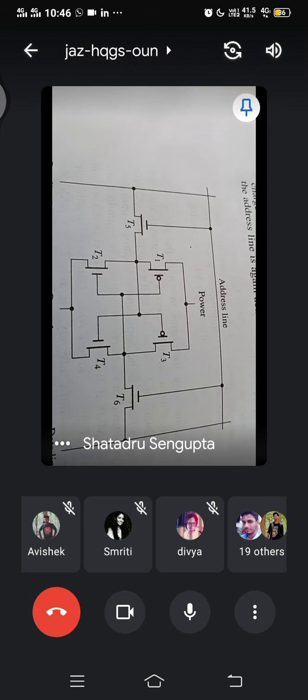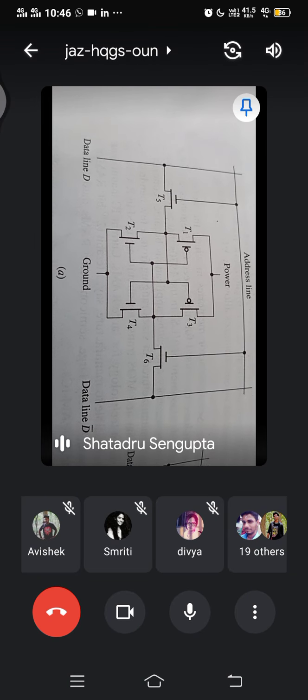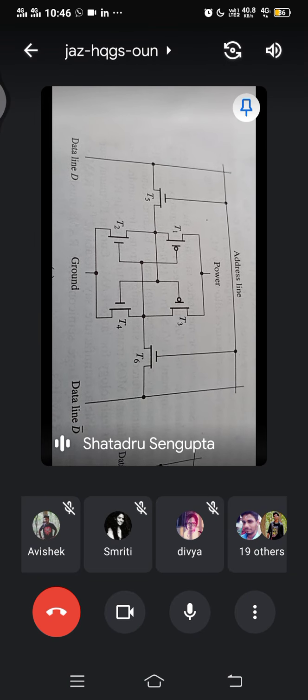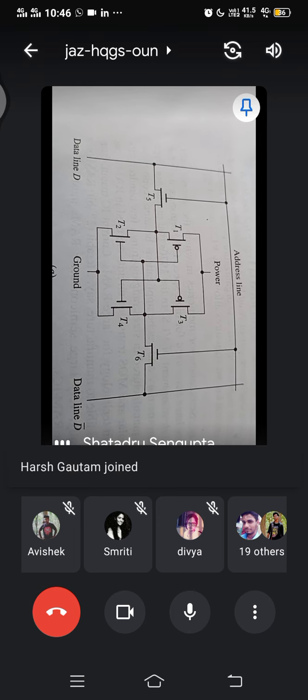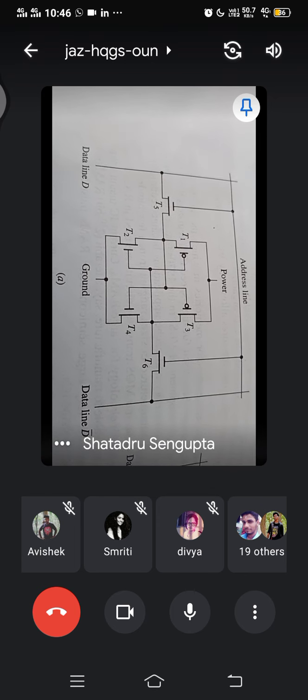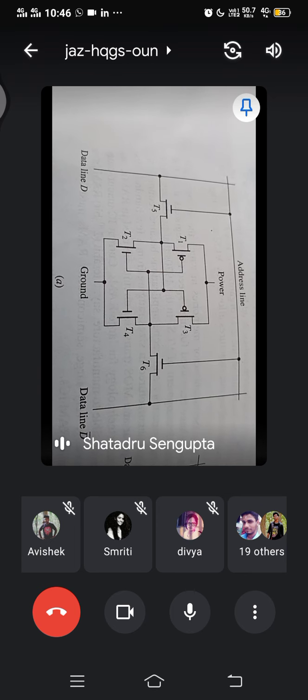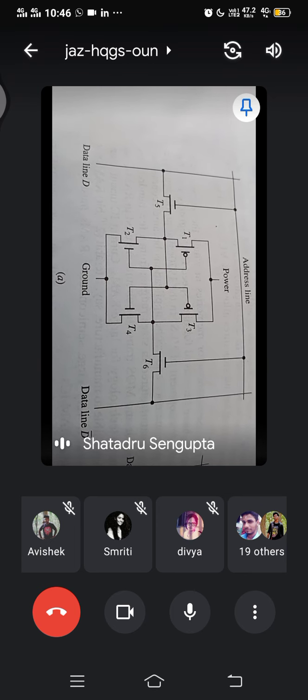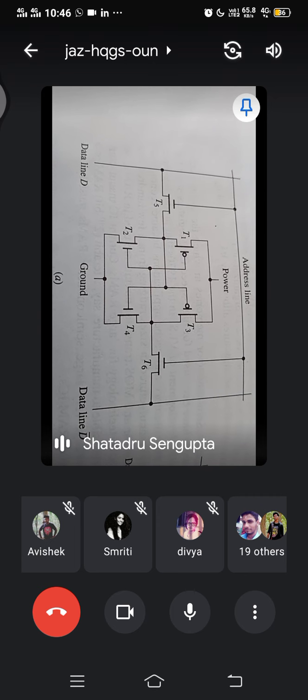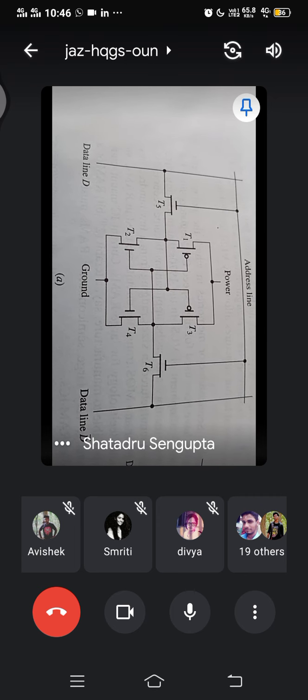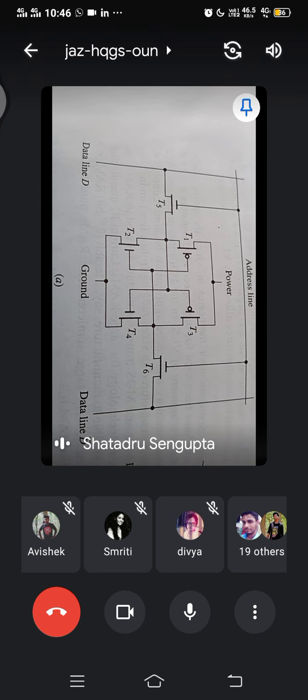Okay, meet him. Now what happens is when you are setting the data, it is reflected in the T1, T2, T3, T4 transistors, which complement each other.